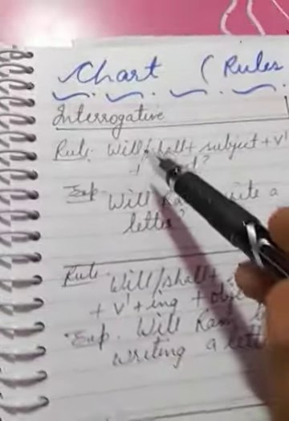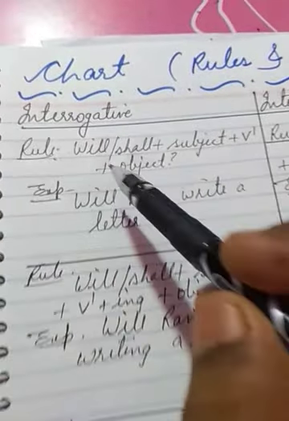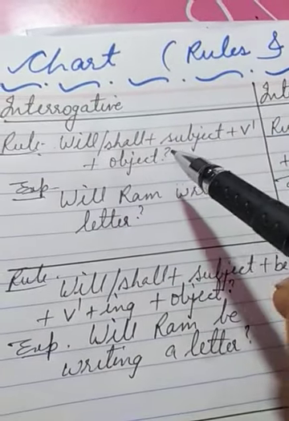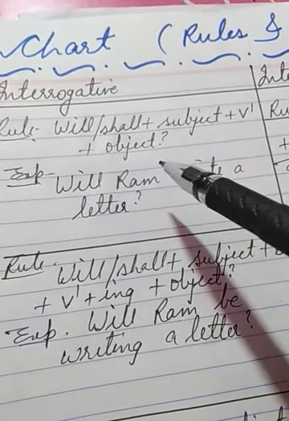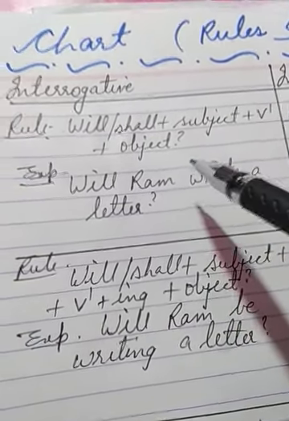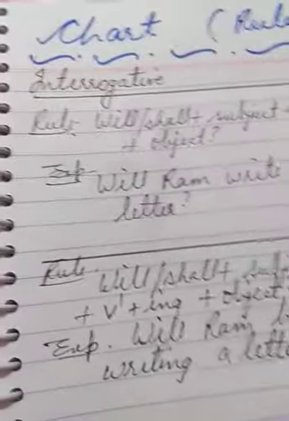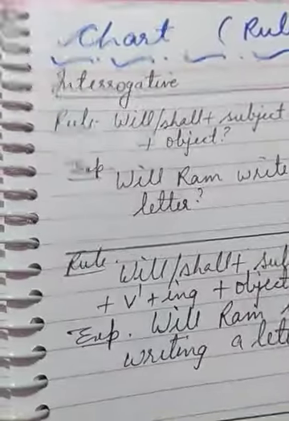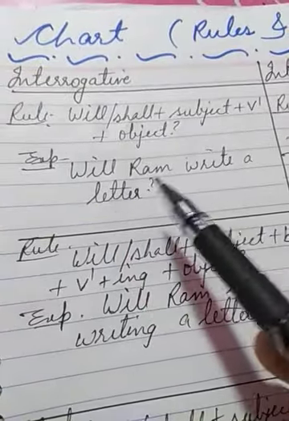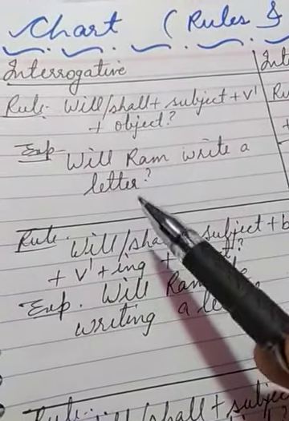Now in interrogative, rule: will or shall plus subject plus verb first form plus object plus question mark. Because we know that interrogative sentences always end with a question mark. Example: will Ram write a letter?